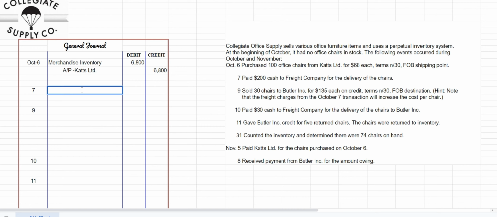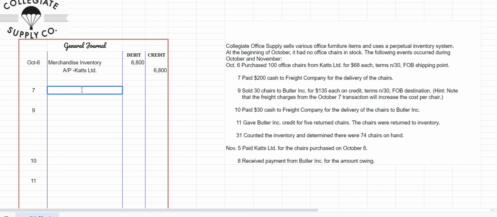Now, on October 7th, it says paid $200 cash to freight company for the delivery of the chairs. The freight company is related to the shipping. Since we are the ones who bought the chairs and it's FOB shipping point, the buyer is going to pay, and in this case, we are the buyer.